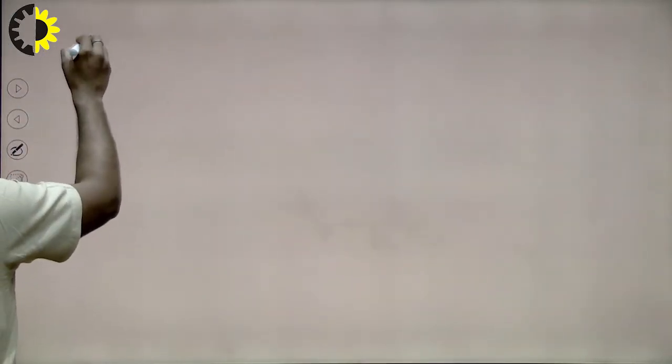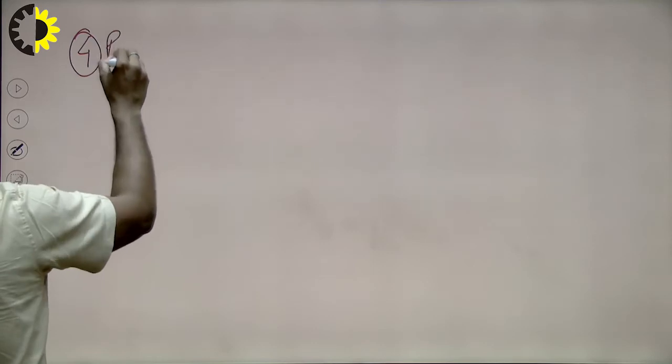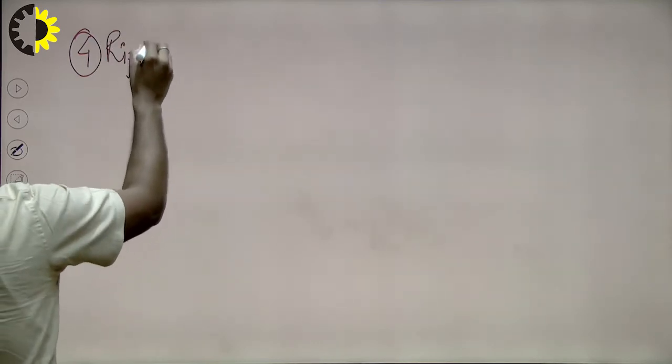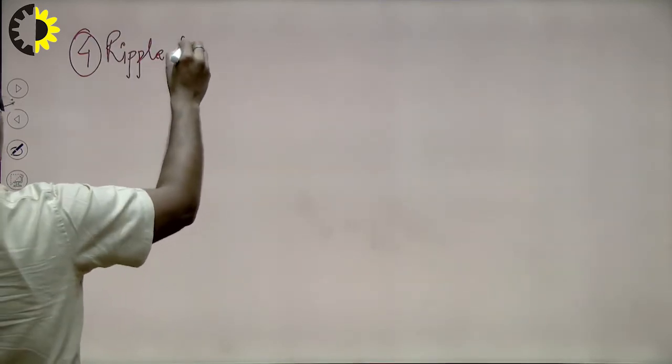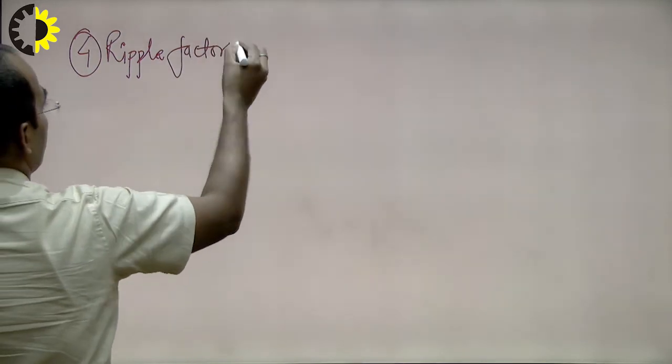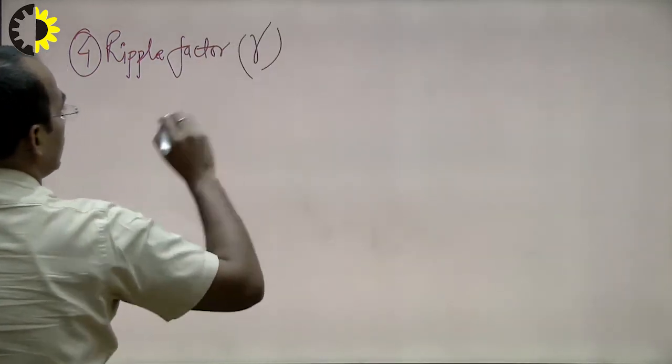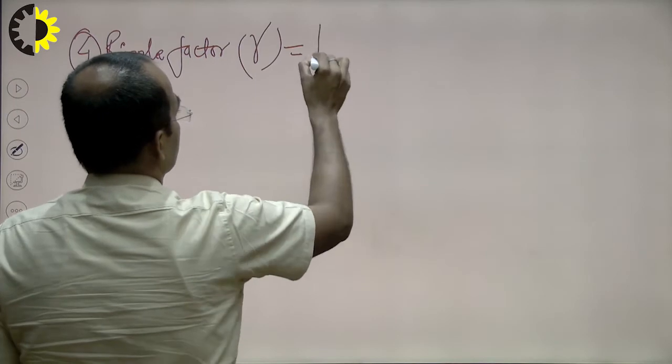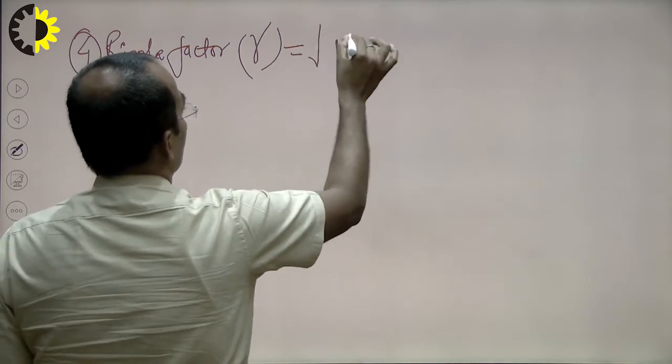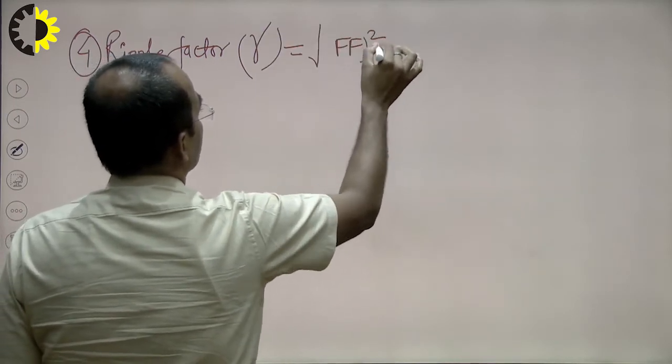Now come to the fourth parameter. Ripple factor is denoted by gamma, and it is given by the mathematical expression under root form factor square minus 1.